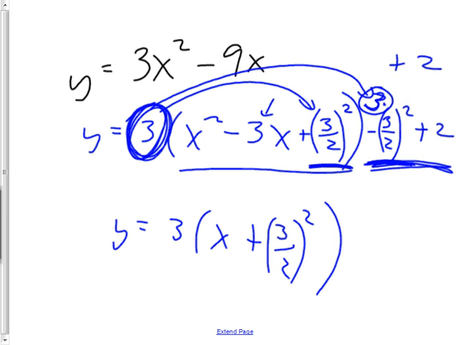All right. Yes? Would it be okay to write 9/4 instead of 3 halves squared? Yes, in fact, I'm going to do that right now. 3 halves, I'm going to do the squaring part first because exponents come before anything else after the parentheses. So 3 halves turns into 9/4. Now just don't forget that it's a negative 9/4. And then you have to times it by 3. This times by 3, how do I do that?